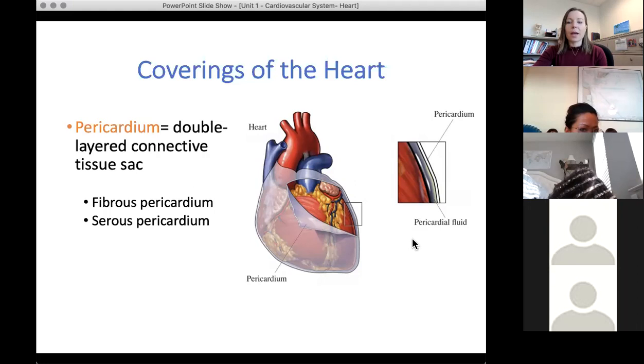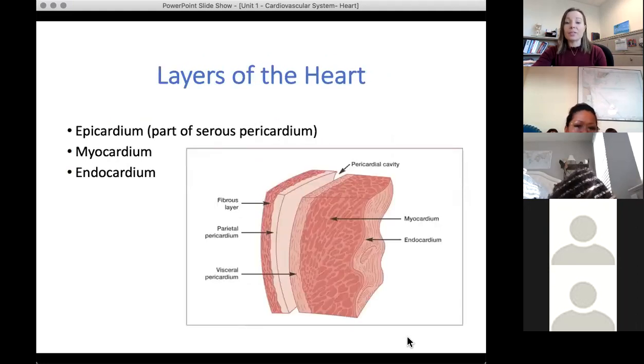Okay, so now looking at the layers of the heart, here you can see the pericardium that we just talked about. This is outside of the heart. You have the fibrous pericardium, and here's part of the serous pericardium. Then here's that pericardial cavity we just talked about that's filled with serous fluid.